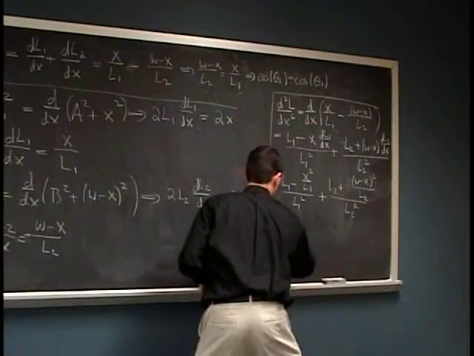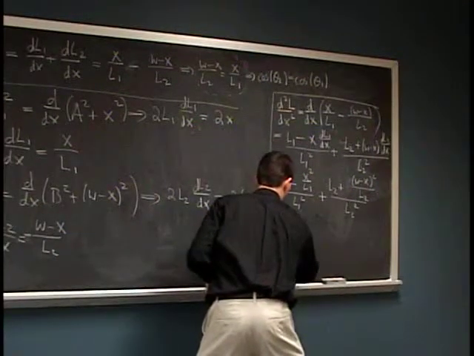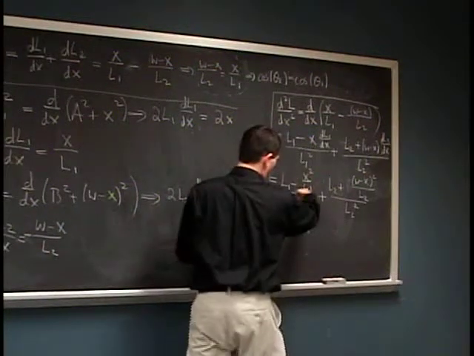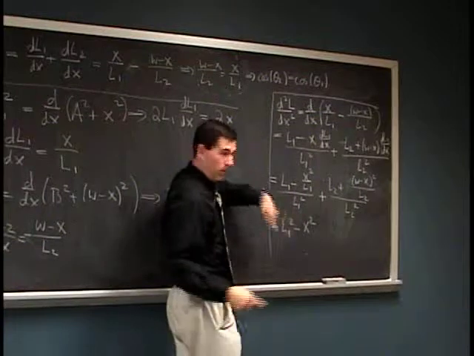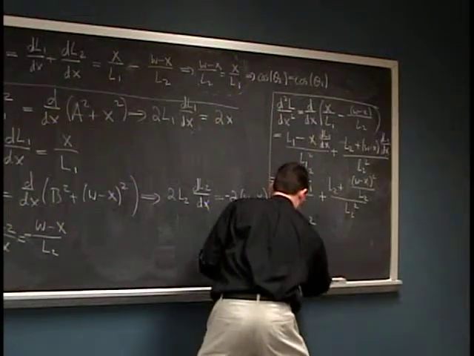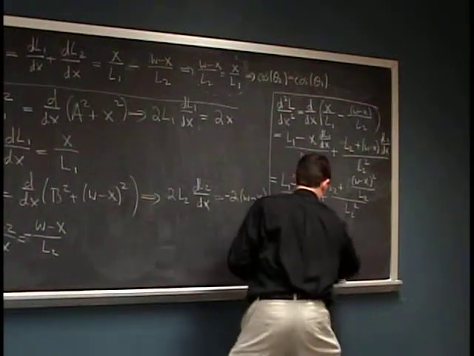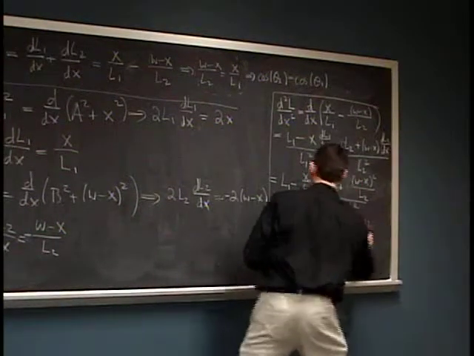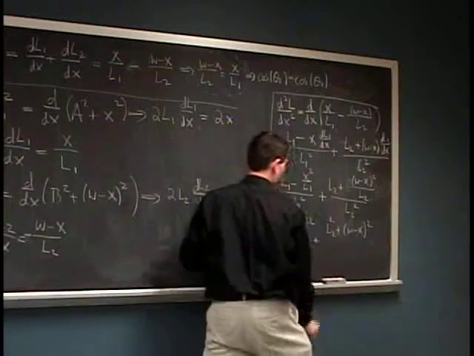If I do that, I get L1 squared minus x squared over L1, and then over L1 squared, so it's the same as L1 cubed, plus L2 squared minus (w minus x) squared over L2 cubed.